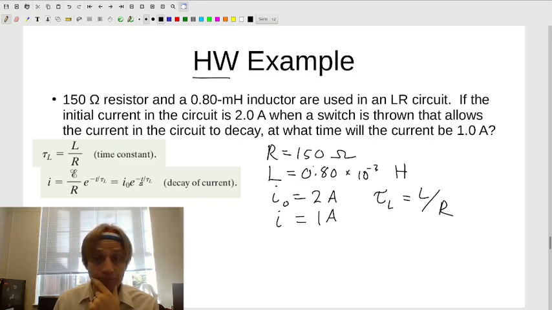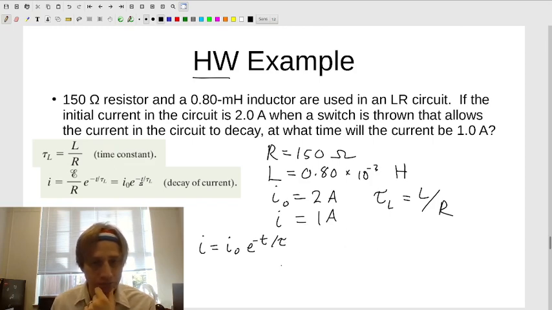time. Okay? Now, if we want to use this where we start out with the presumption that the current at some time later than time equals 0 equals the initial current times e to the minus t over tau, how would I go ahead and solve this equation? Well, you're going to have to go back and remember how to use logarithms.